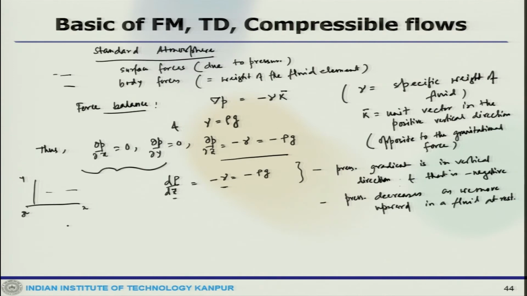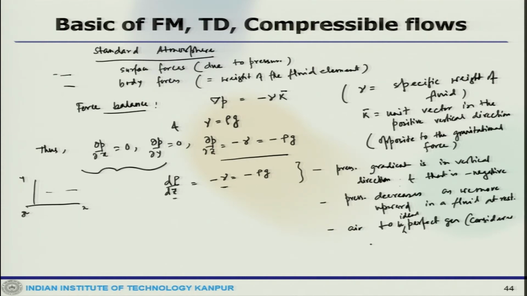In doing that, we can consider the air to be an ideal perfect gas, and the equation of state P equals rho RT can also be used.